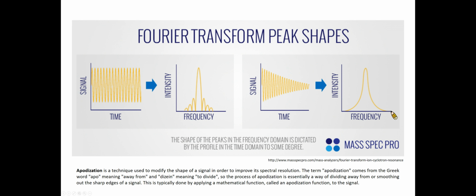Either way, there is significant broadening of the peaks at their base. In order to minimize the effects of the wide peak base from the transform process, the transformed signal is often apodized.